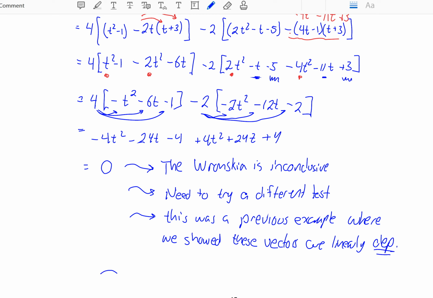And because they're linearly dependent, they are not a basis for P3.